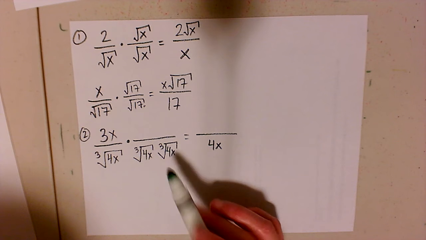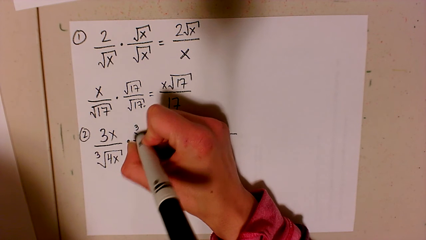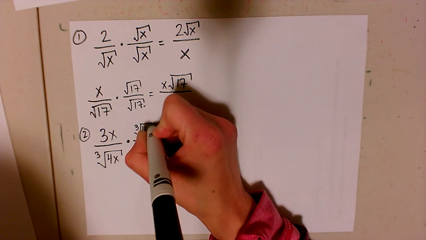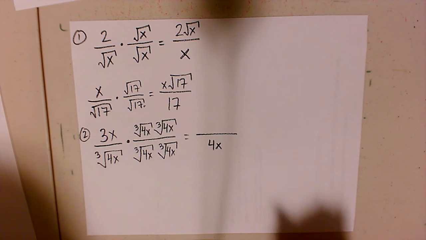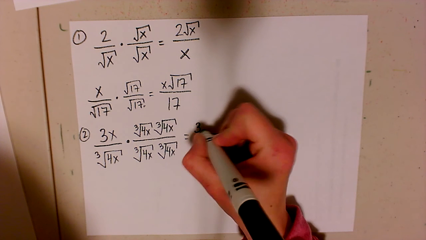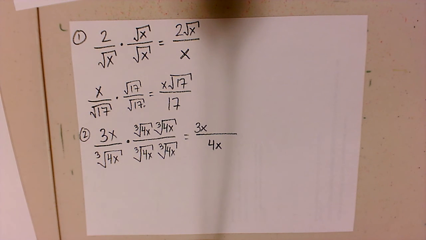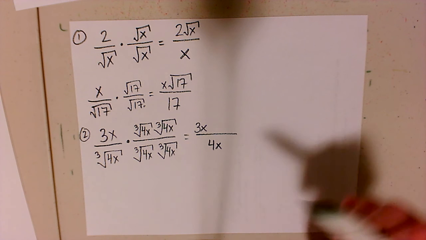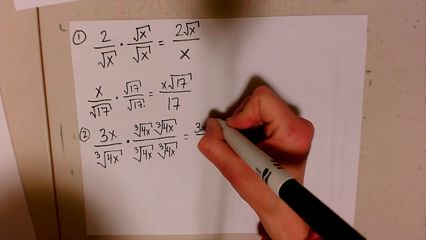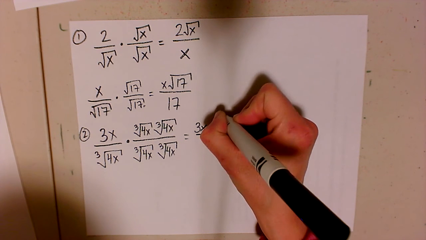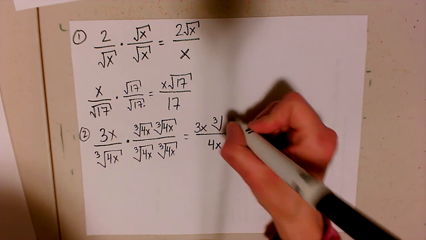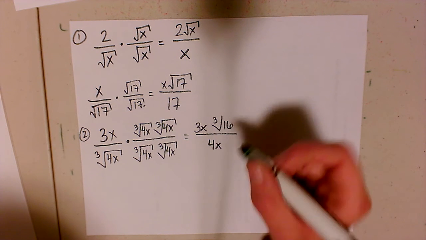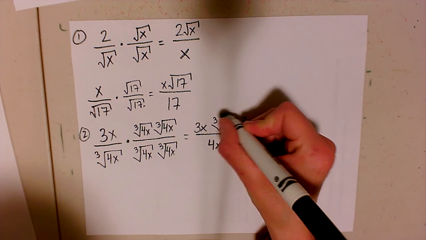We multiply by the same thing in our numerator, so that'll be the cube root of 4x times the cube root of 4x. Up top, we have our 3x on the outside, and if we have 2 of these, that's the same as 4 times 4, which is 16, and x times x, which is x squared.